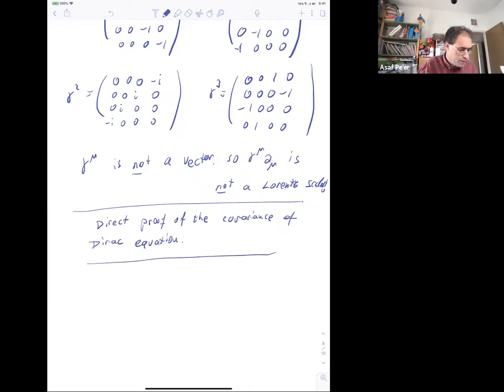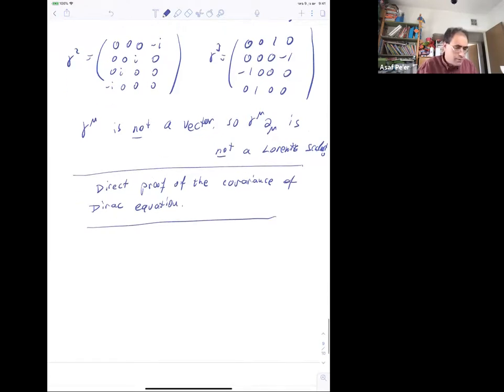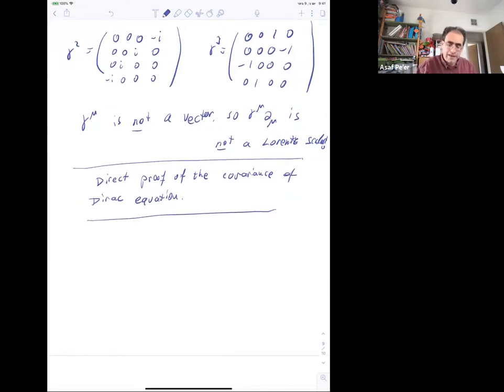How are we going to do that? Let's take a frame O, which has coordinates x mu.